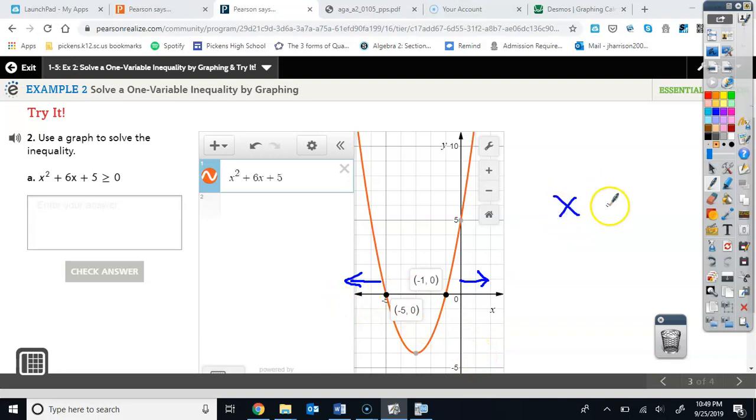So when x is less than or equal to negative 5, remember that's negative infinity up to negative 5, using our brackets, or when x is greater than or equal to 0, that is 0 to infinity.